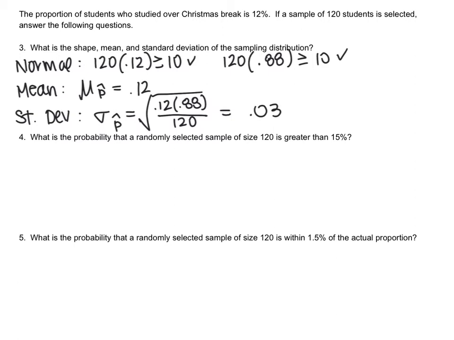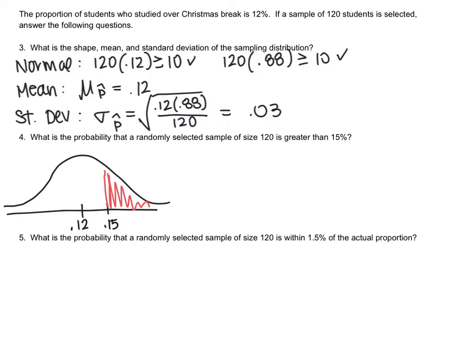So now we're going to use what we did in number 3 to find the probability that a randomly selected sample size of 120 is greater than 15%. So I'm going to draw our curve because it's normal. So we have our 0.12, and 0.15 is above that, and it is asking for greater, so we want greater, which means we're going to find the area below.